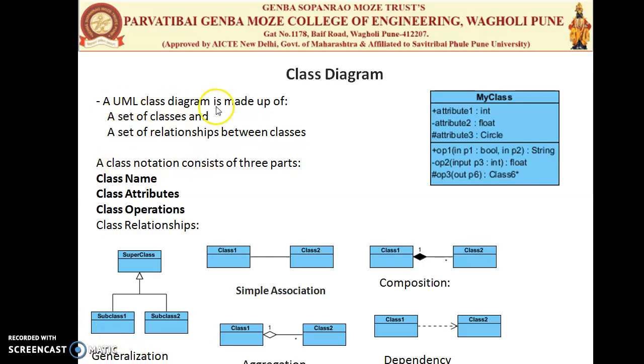The class diagram is made up of, first, the set of classes and, second, the relationships between the classes. So here is the structure of the class which contains the name, then these are the attributes and these are the operations. The attributes are also called variables, and operations are also called methods.